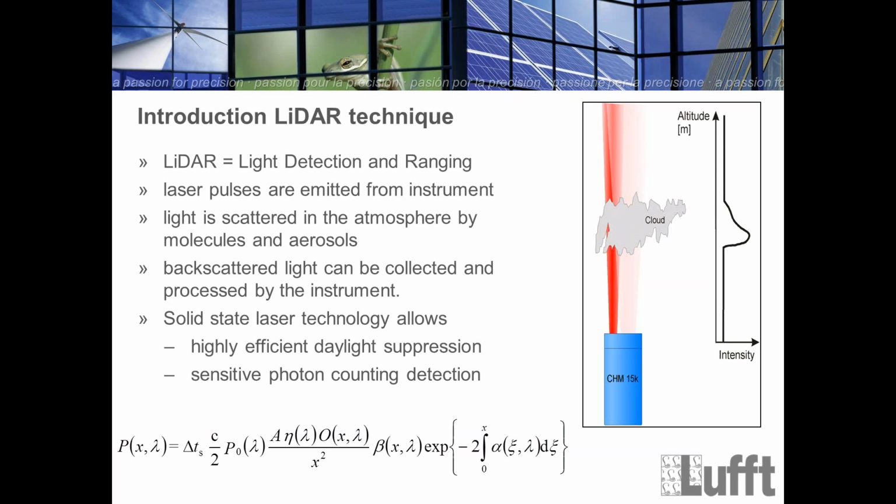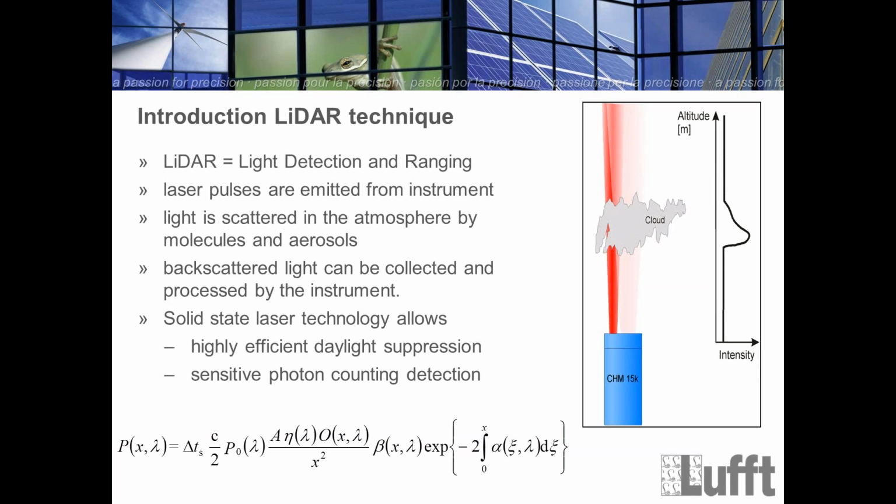You send out an electromagnetic wave. It is scattered by aerosols, by larger droplets, and also by the molecules in the atmosphere. Part of this light is scattered back and typically collected by a telescope or by a lens, and finally is sent in the instrument to a detector.